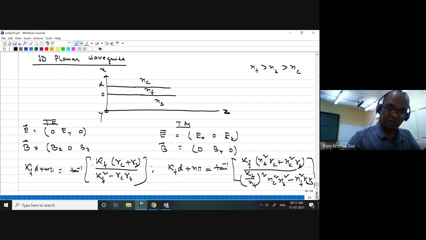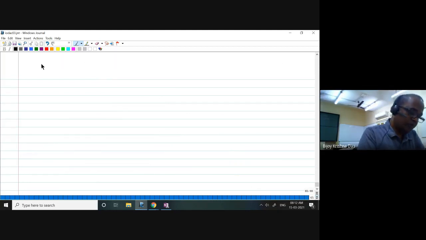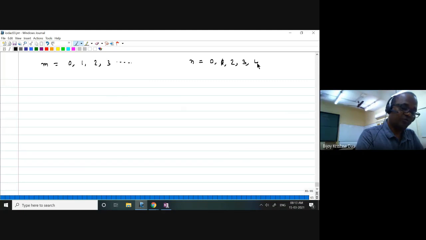Same way we have written M equal to 0, 1, 2, 3, and so on for TE mode, and N also you can write same way for TM mode. You can have 0, 1, 2, 3, 4, and so on.